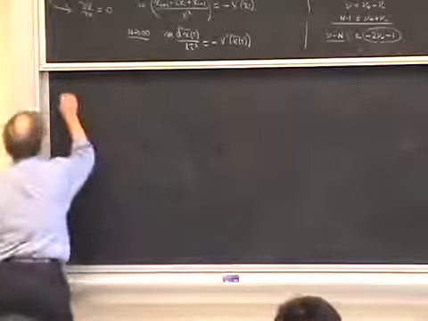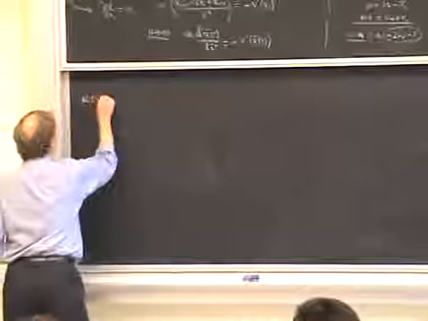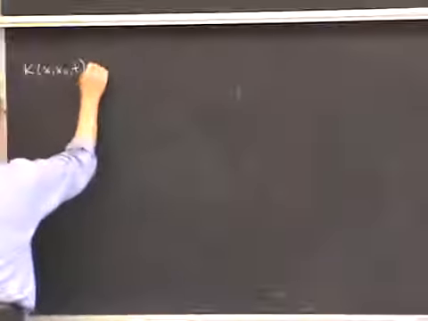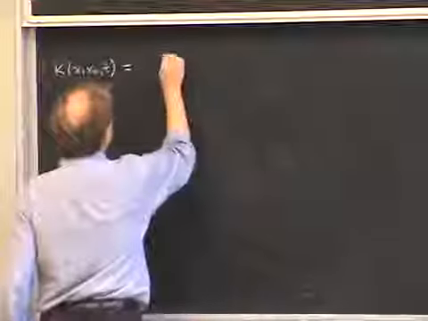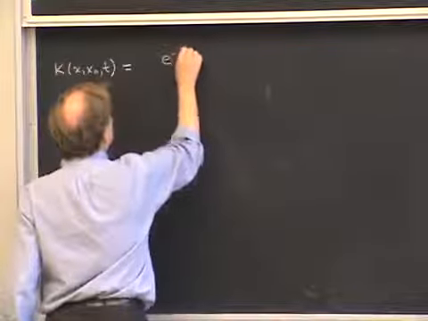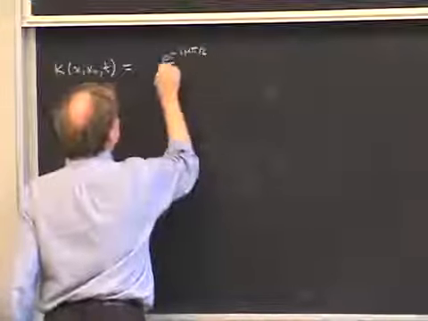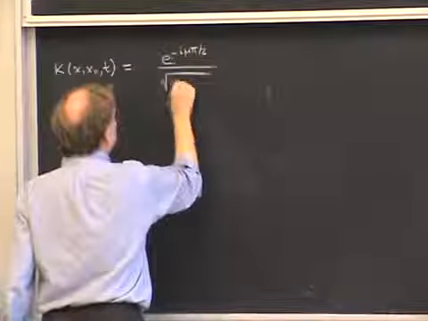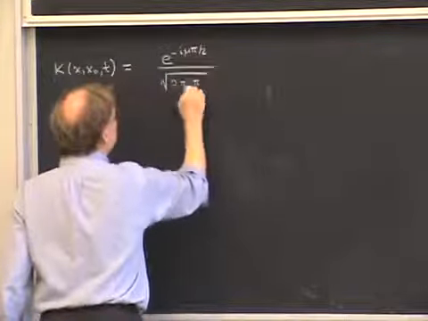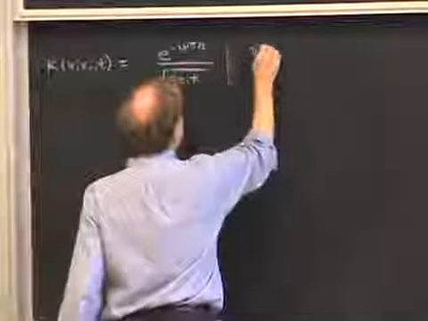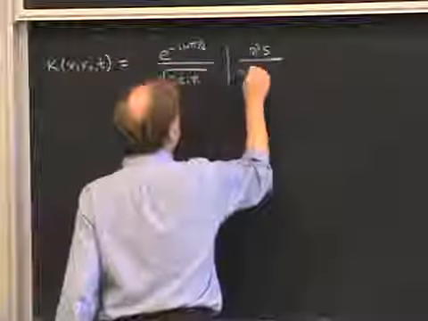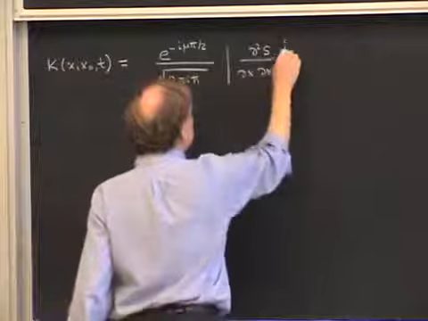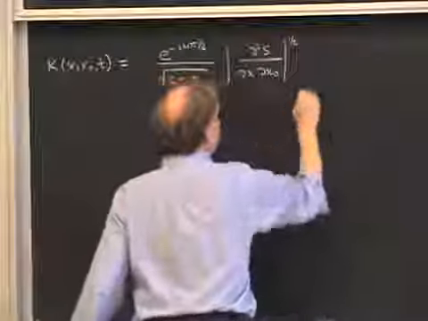It is that the propagator, K of x, x0, and t, in the stationary phase approximation, is equal to e to the minus i mu pi over 2, divided by the square root of 2 pi i h bar. It is the absolute value of the second derivative of Hamilton's principal function with respect to initial and final conditions to the 1/2 power.